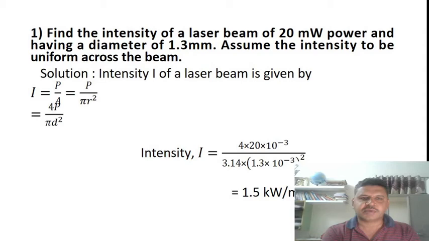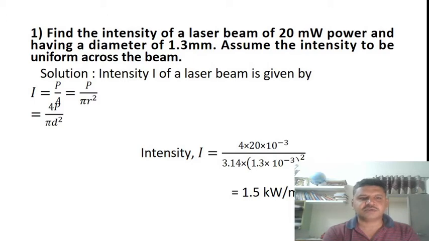So here the laser beam power is given, that is 20 milliwatt, and also the diameter of the optical laser beam is given. So that is the intensity we are going to calculate.